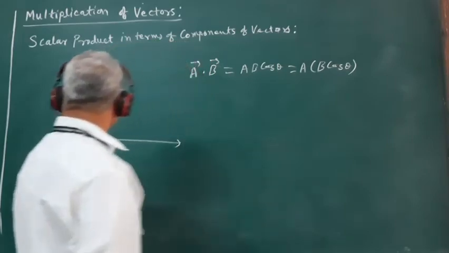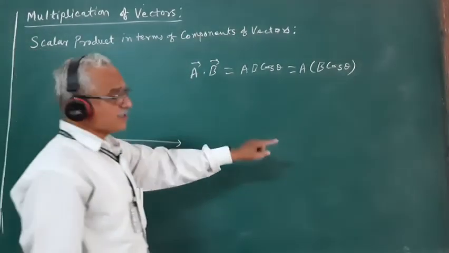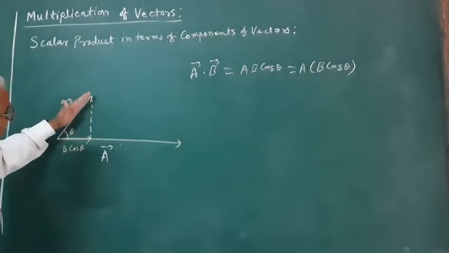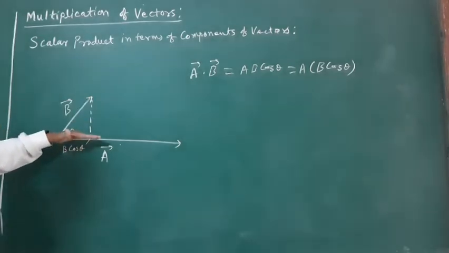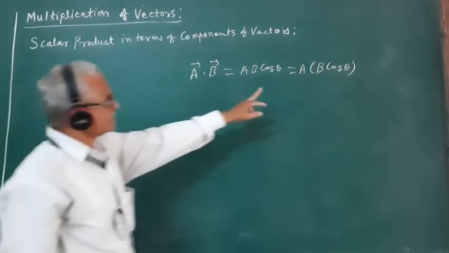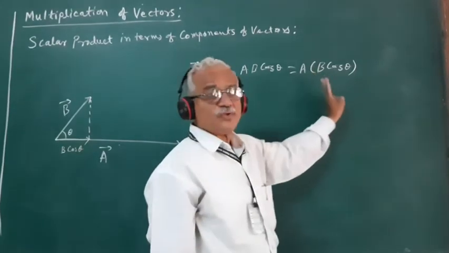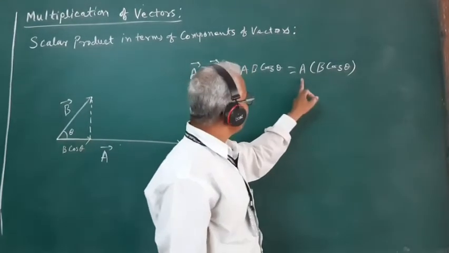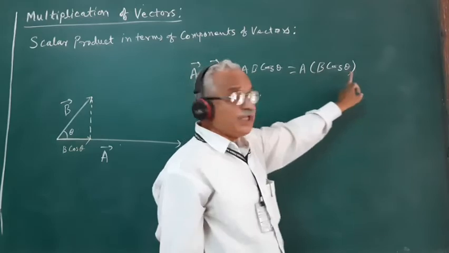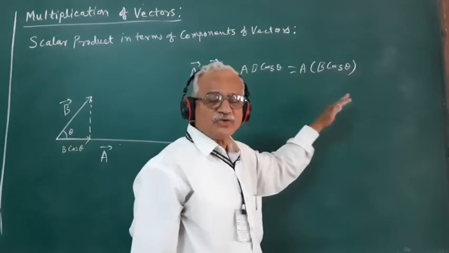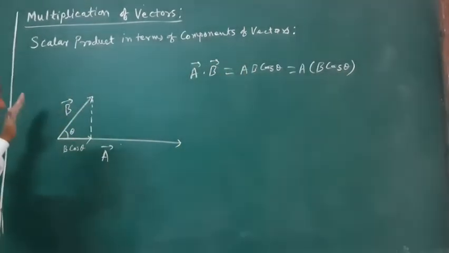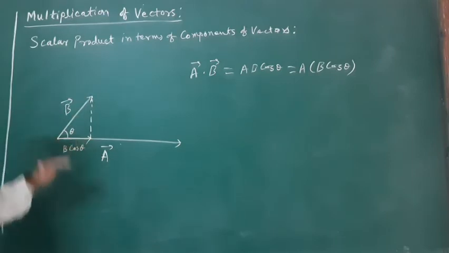This B cos theta here is nothing but the component of B bar in the direction of A bar. So, it is expressed as A into B cos theta, where A is the magnitude of A bar and B cos theta is the magnitude of the component of B bar in the direction of A bar.